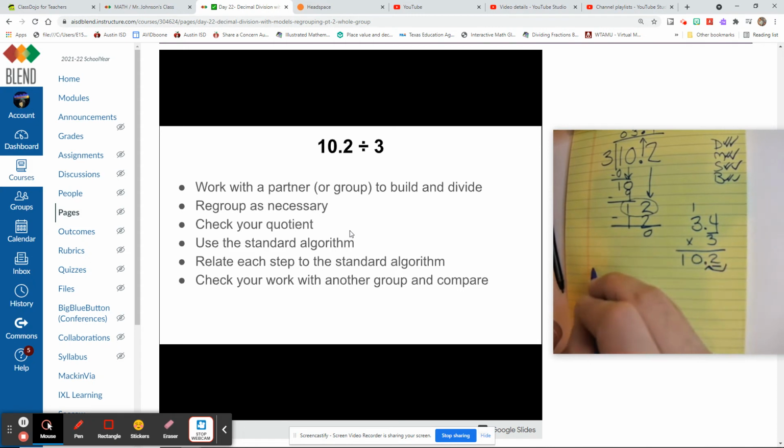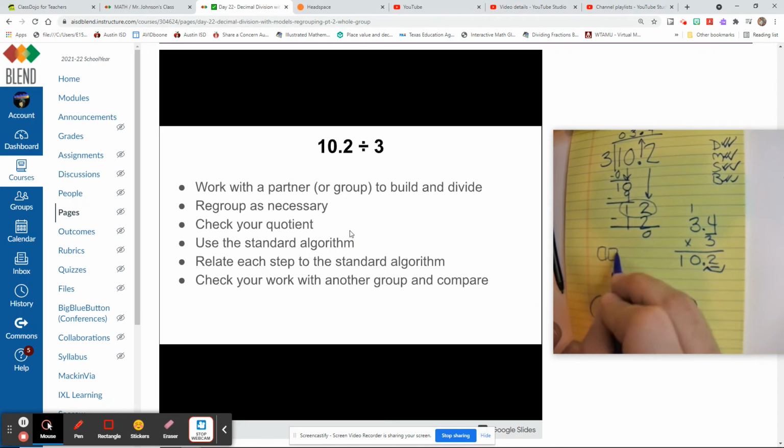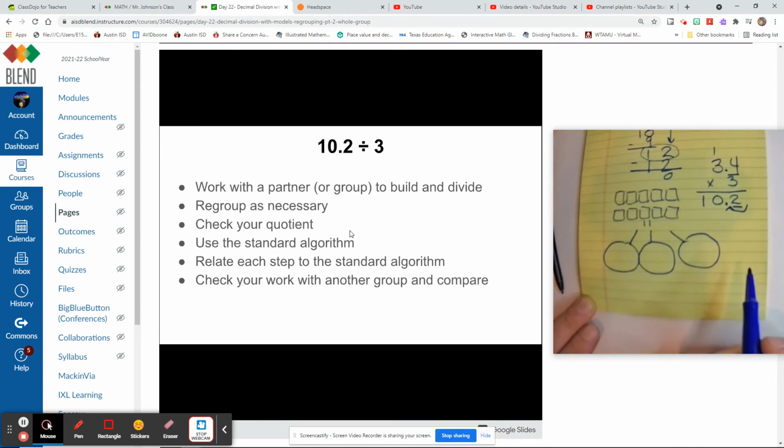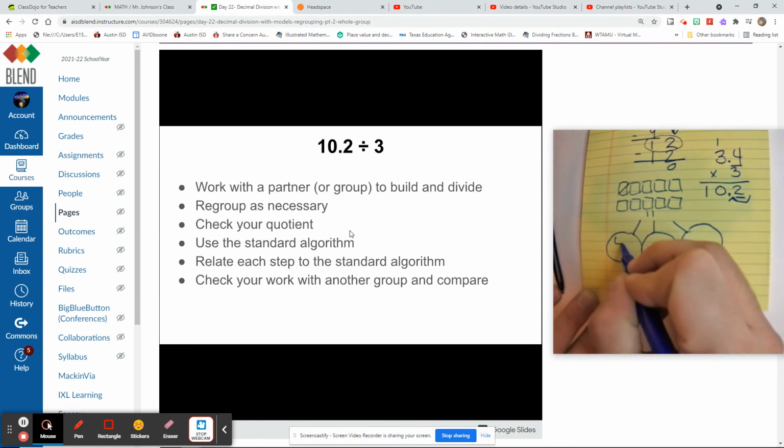And then finally, if we're going to do the picture form, we are splitting into 3 groups. We are taking 10, 1, 2, 3, 4, 5, 6, 7, 8, 9, 10, and 2/10. All right, and splitting it into 3 groups. So obviously the first thing we can do is split our wholes.